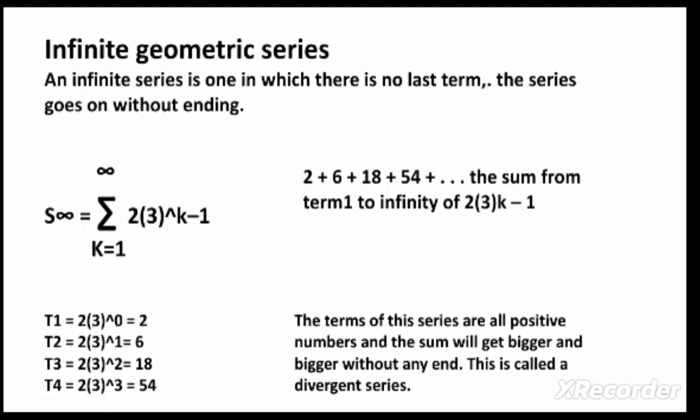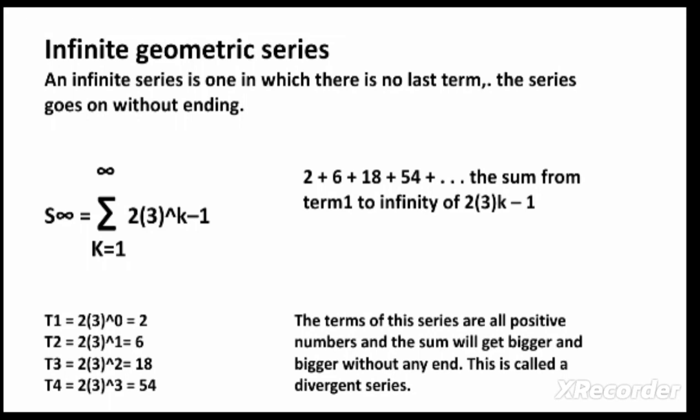The ratio is more than 1, right? It's more than 1, and then it means that the terms will go up from 2. Look at the second term is 6, it's more than the first term. 18 more than 6, the previous term. 54 more than 18, right? So the terms keep increasing. So when the terms of the series are all positive, the sum will get bigger and bigger.